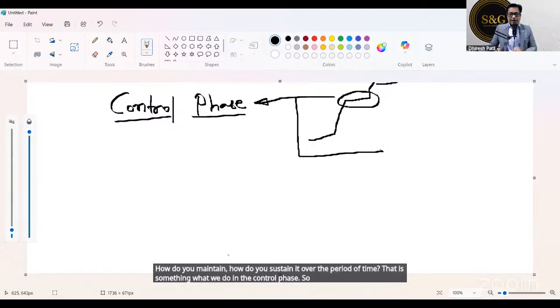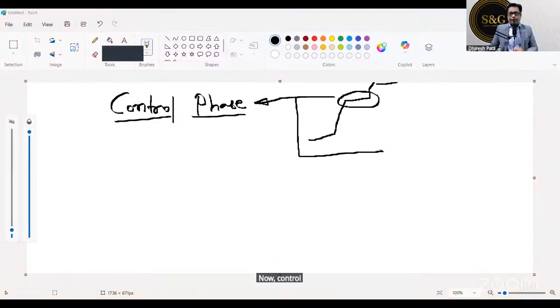So let me share a very important document of the control phase, and that document is called the control plan. Let me share the control plan with you quickly.